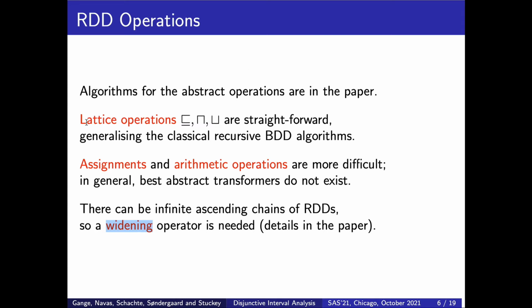The lattice operations are quite easy. Essentially, they generalize the classical recursive BDD algorithms that we know and love. The more tricky part comes when we deal with arithmetic expressions and assignments. And in general, best transformers do not exist in this particular case.